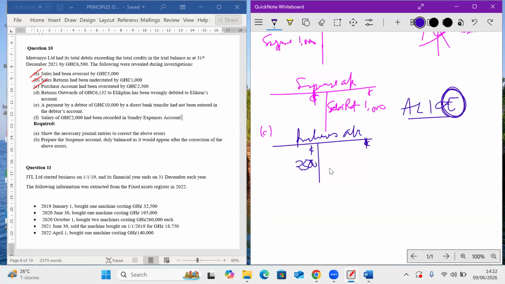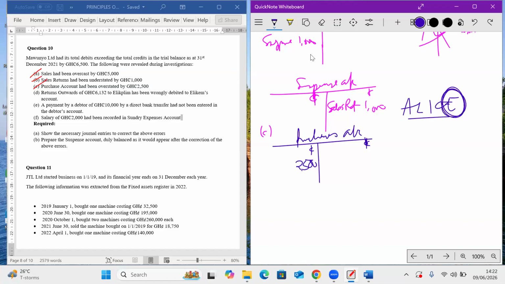When it's like the one we just did, the B one, we saw that it was a shortage, so we didn't write it. Sam, mute those who are making noise there. The sales returns 1,000 was a shortage. We didn't record it until when we were correcting it. But the purchases one is overstated, meaning it is excess.